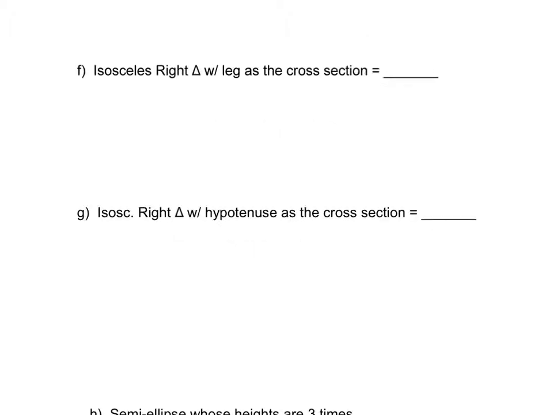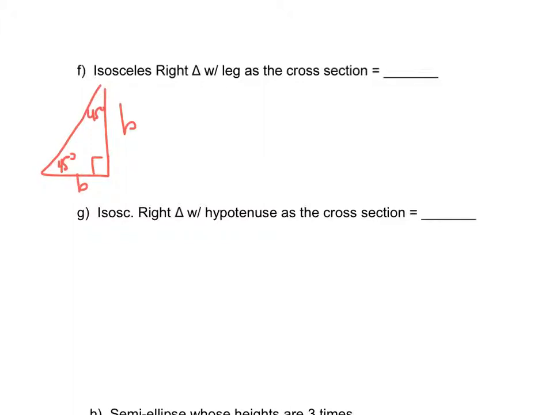Okay, folks, we only got a few more here. Isosceles right triangle with leg as the cross section. So what that means in all the words that it's saying, got an isosceles right, which means that two of the legs are going to be congruent, which means they both can be our base. It also means that if two of our legs are congruent, these are both 45 degrees.